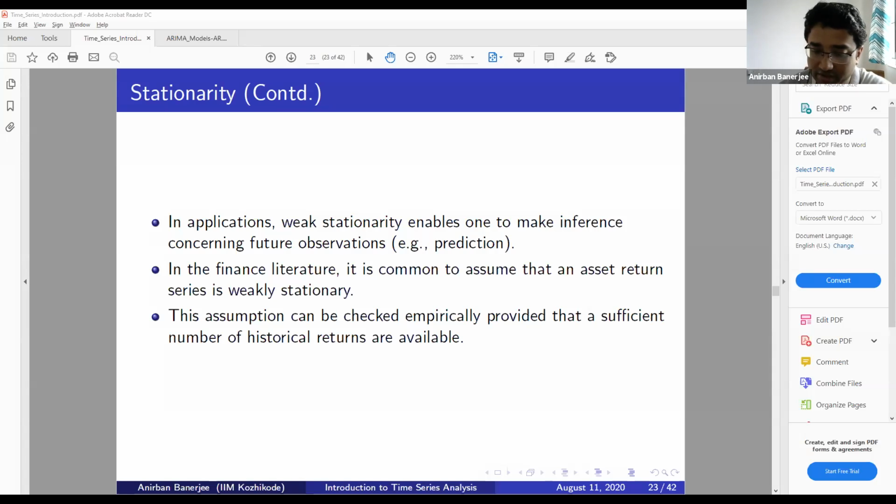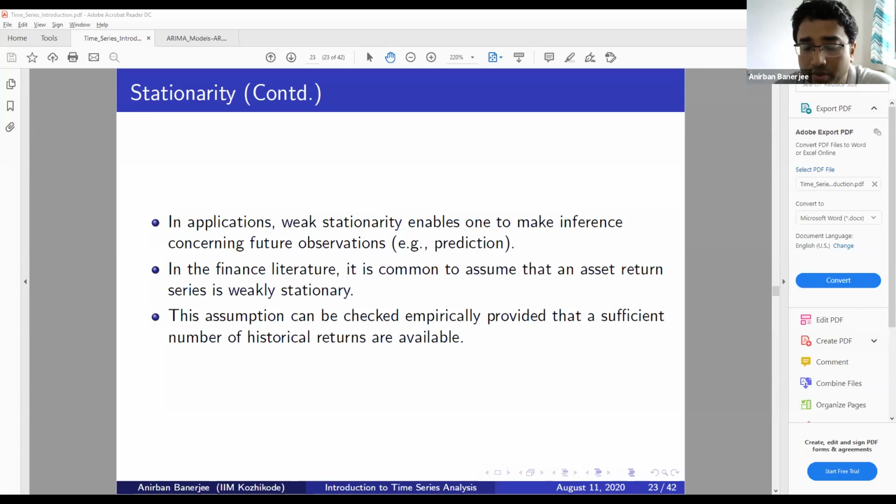The models that we are going to talk about shortly, starting with ARIMA models, are linear time series models. In order for us to use these models to make inferences or predictions about future returns, we need them to be weakly stationary.